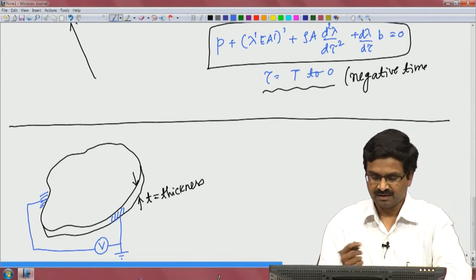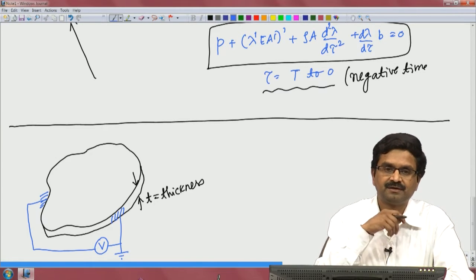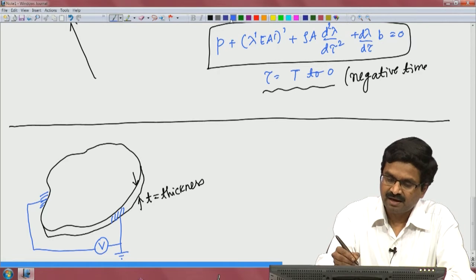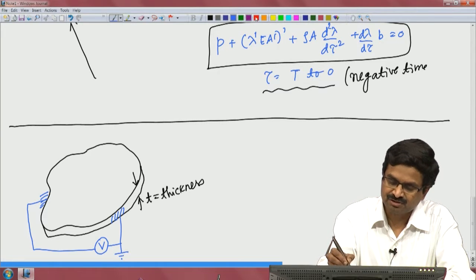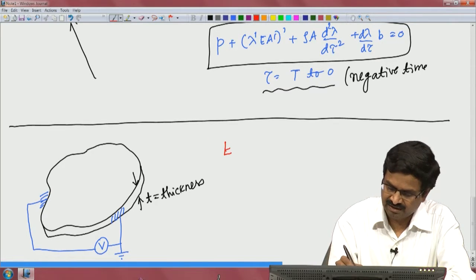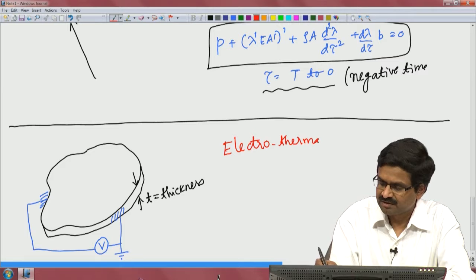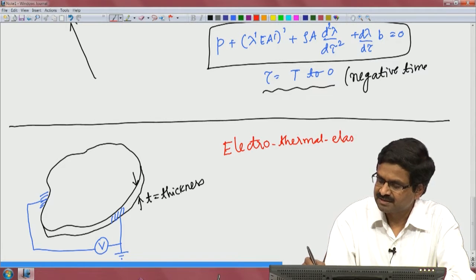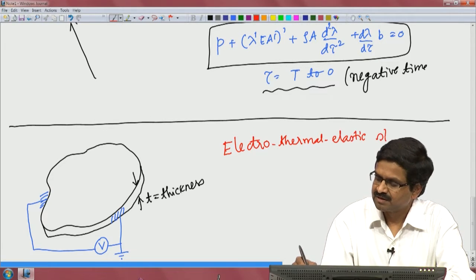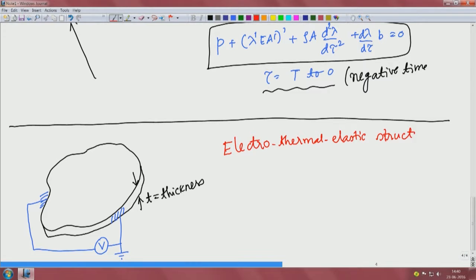This is very common in electro-thermally actuated structures. What we are taking now are electro-thermal-elastic structures.